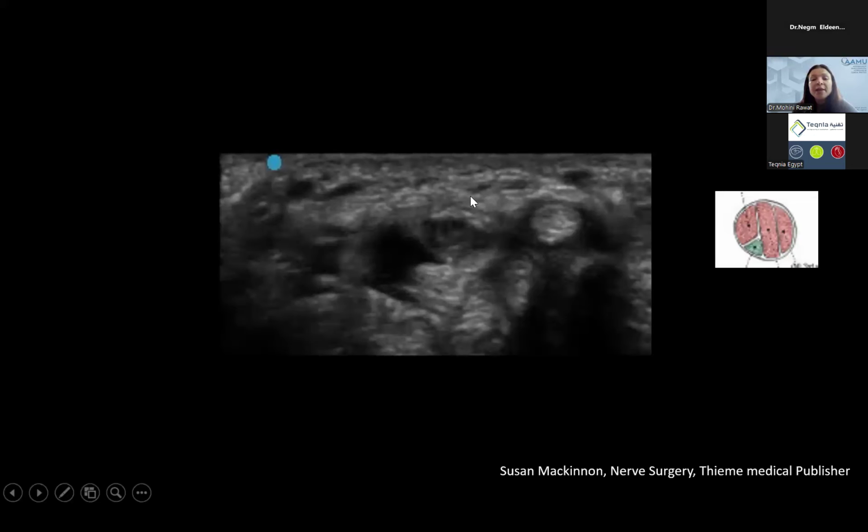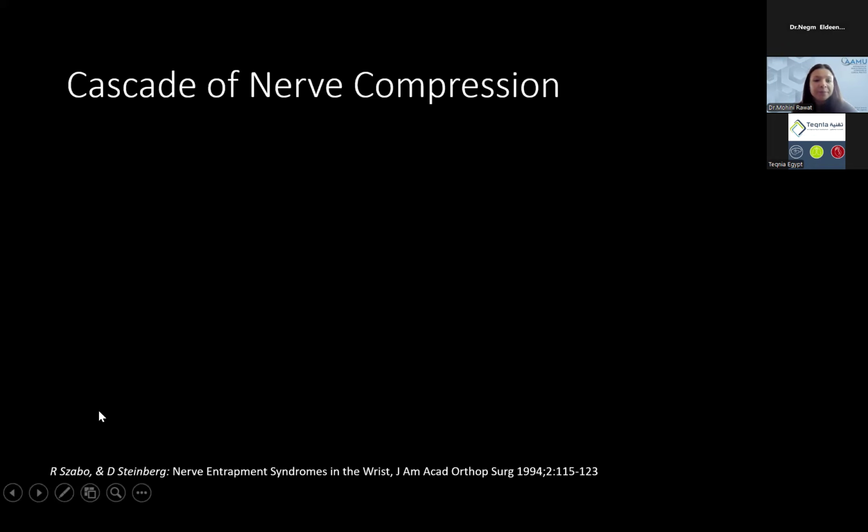Now, if you look at this nerve, the more hypoechoic areas are localized to the sensory part, and the motor part shows the texture which we expect in a nerve. So this explains that endoneural edema is compressing the sensory fibers, presenting as conduction block on EMG, although the motor fibers are preserved and are showing normal studies.